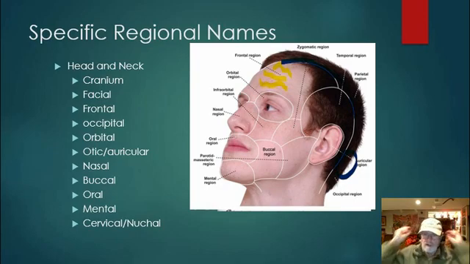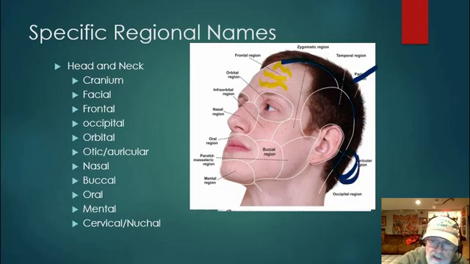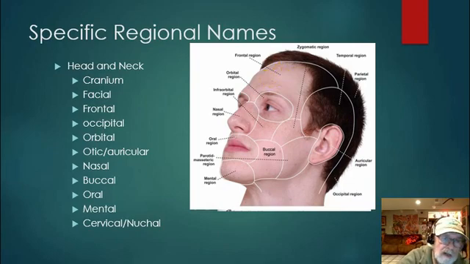This band of tissue is called the epicranial aponeurosis. You don't need to remember that. But the frontal muscle is actually attached to the back with the occipital muscle. So the back of the head is called the occipital region.